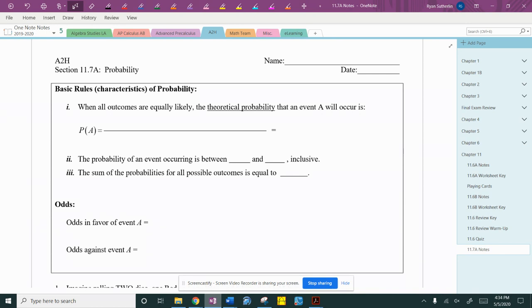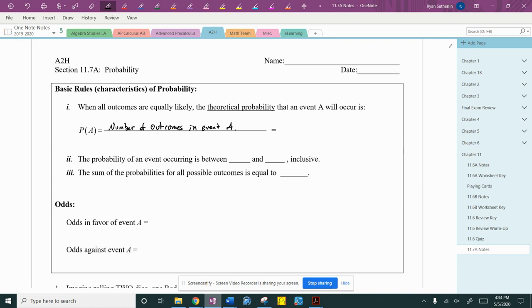So when we talk about probability, here's the definition. When all outcomes are equally likely, the theoretical probability, so what theory says should happen, that an event A occurs is the number of outcomes in event A, which can be something like I want to roll a 6 when I roll 2 dice, or I want to turn up a heart when I draw a card from a deck of cards.